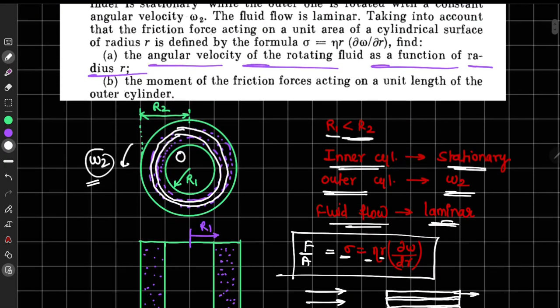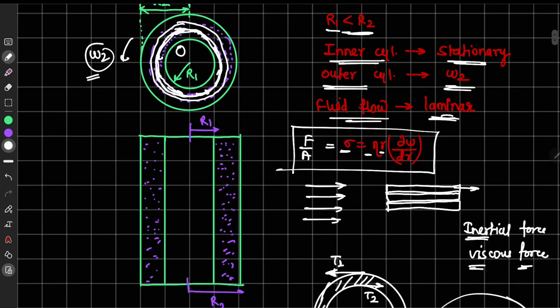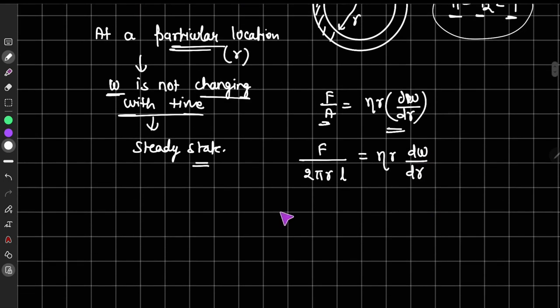We can see the force is acting on this element tangentially, so we can take the area as the perimeter of this element times the length of the cylinder, that is L. So we can write force divided by 2 pi r L is equal to eta r d omega upon dr. From here, force is equal to 2 pi L eta r square d omega upon dr.